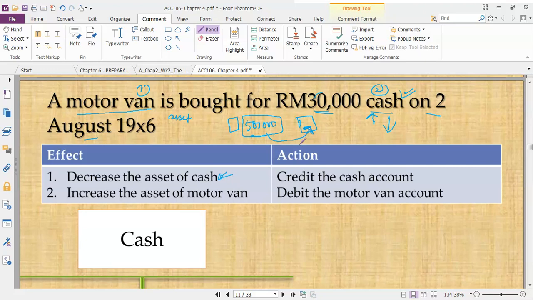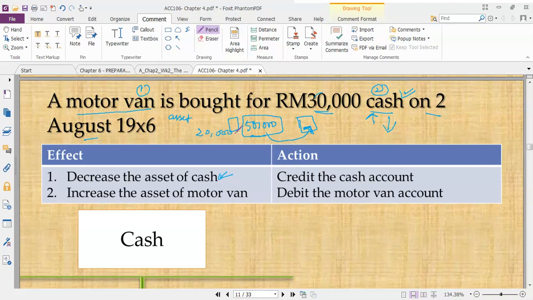Okay, you already had 50,000 inside your purse and then you go to the shop and give 30,000 from your purse to the salesman. So how much money is left in your purse? 20,000, right?